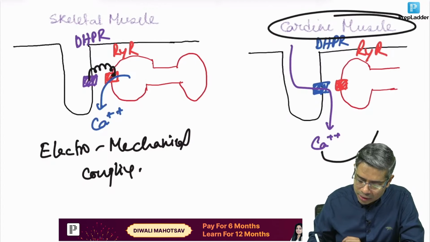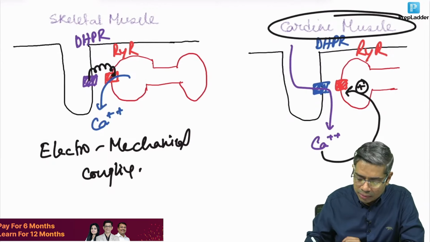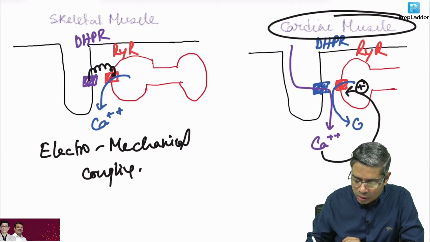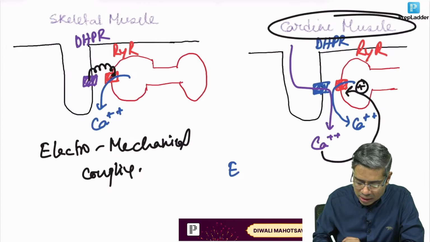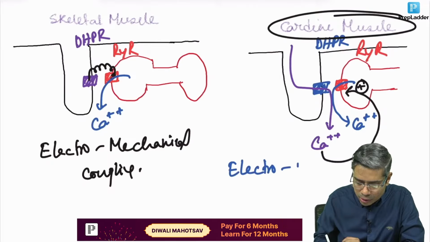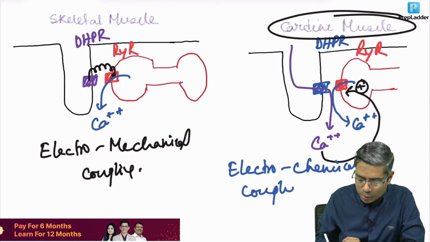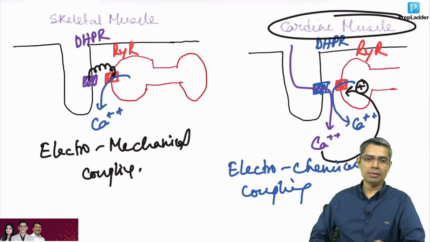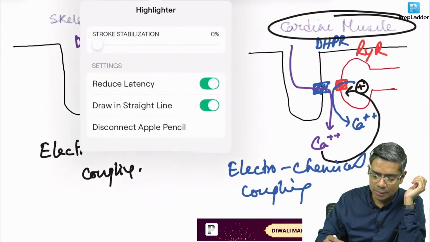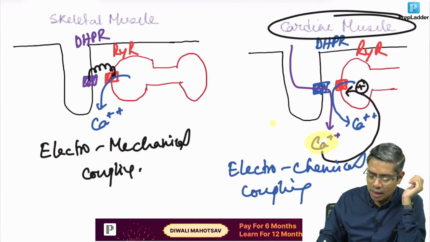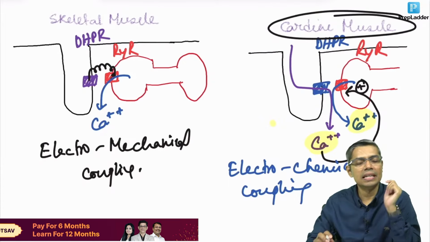And after entry, this calcium will stimulate the RYR channel, and further calcium will be released from the sarcoplasmic reticulum. So that's why in cardiac muscle we say there is electrochemical coupling rather than electromechanical coupling as in skeletal muscle. Electrochemical coupling is also known as calcium induced calcium release. I believe all of you remember that outside calcium is essential and that outside calcium is stimulating inside calcium release.